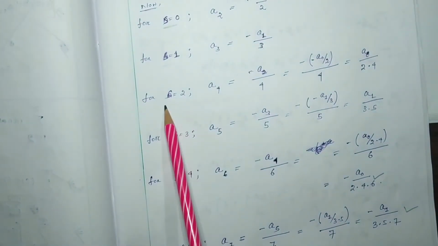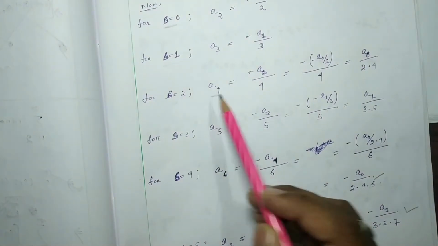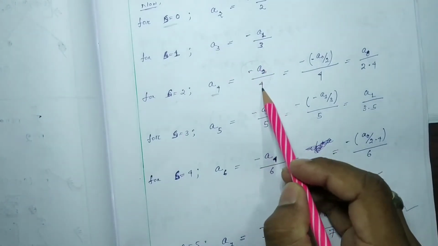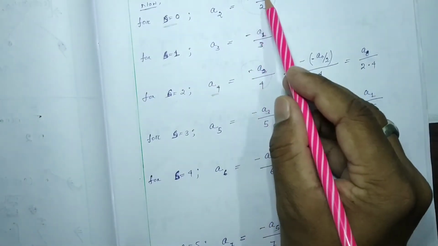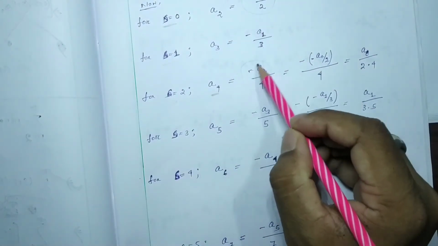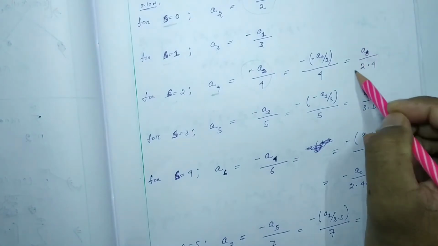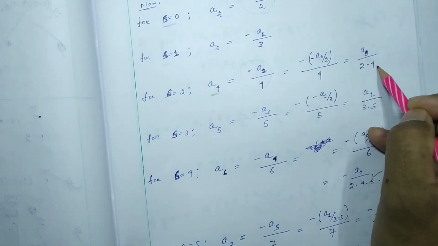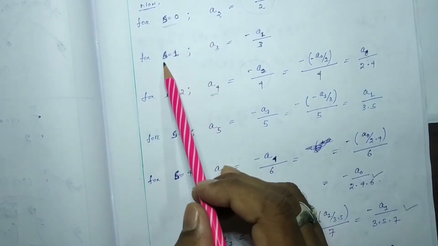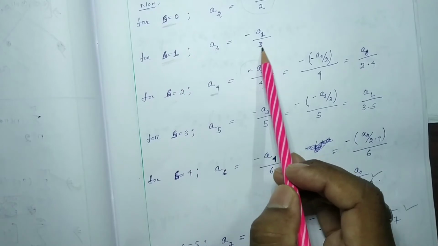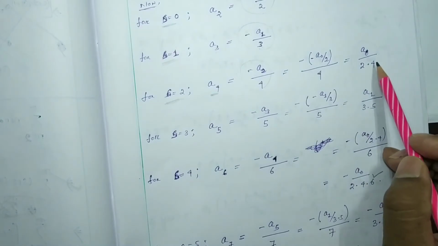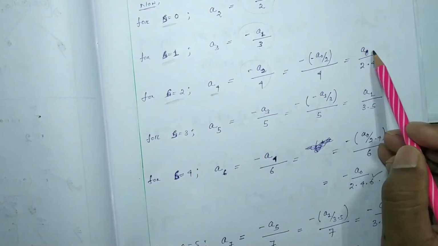Similarly for s equal to 2, we find a4 equal to minus a2 by 4, and a2 we already got as minus a0 by 2. So substituting this a2 over here, we find a0 by 2 into 4. Okay, you just follow that. s equal to 1 is found in terms of a1, s equal to 2 is obtained in terms of a0.